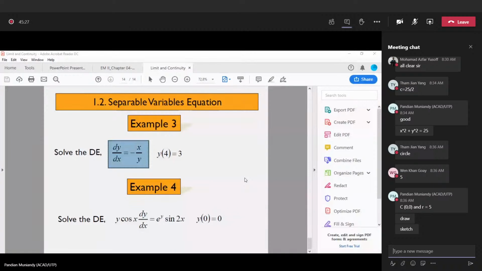Chia Cheng. Amirul, can you sketch the circle on your paper using pencil and paper? Are you there, Amirul? Yeah, Lee, can you sketch?